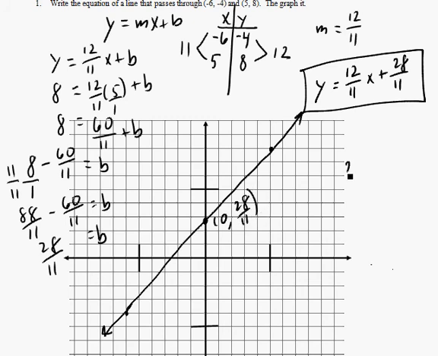Now, 28/11 would have to be somewhere between 2 and 3. I know that 22/11 is 2, and 33/11 is 3, so 28/11 is somewhere in between there, and we can see that our y-intercept is indeed somewhere between 2 and 3, and in fact it should be exactly 28/11.